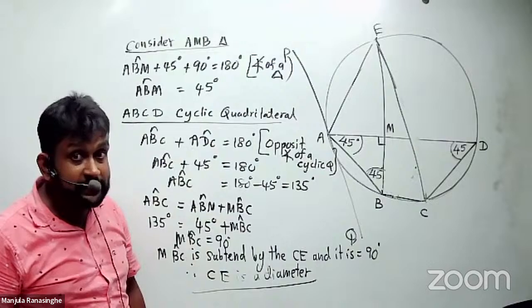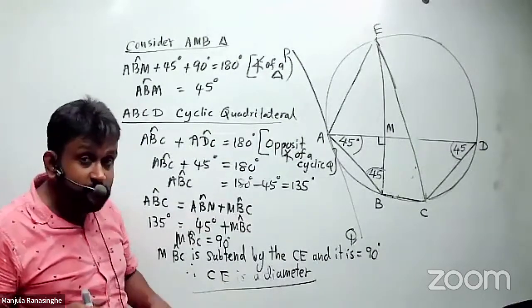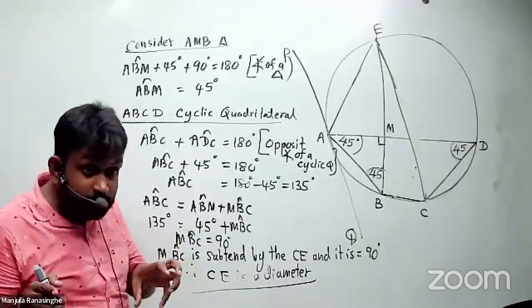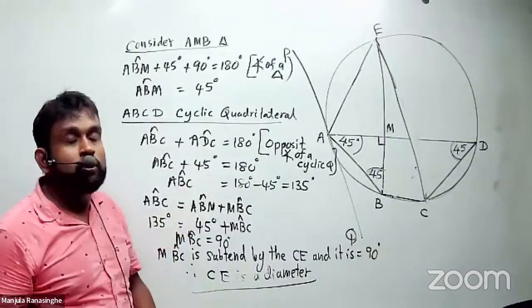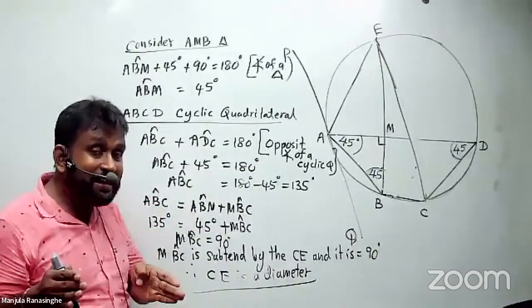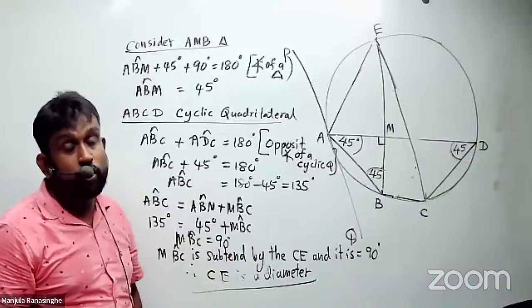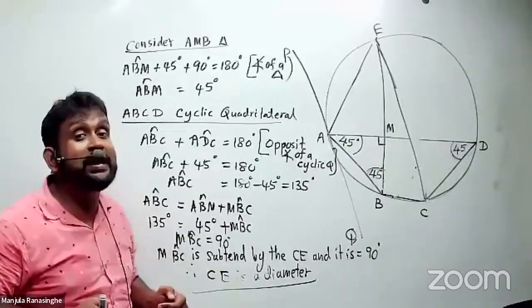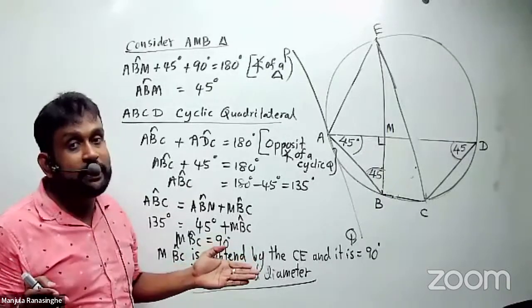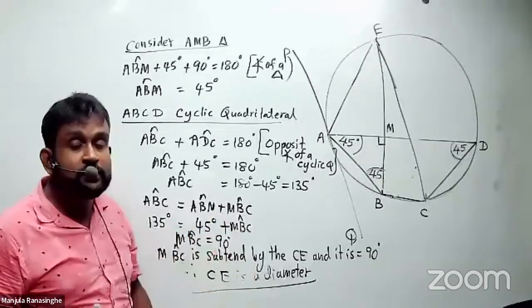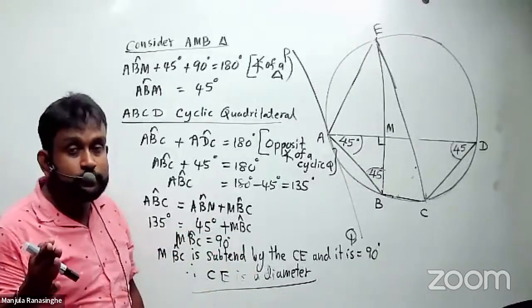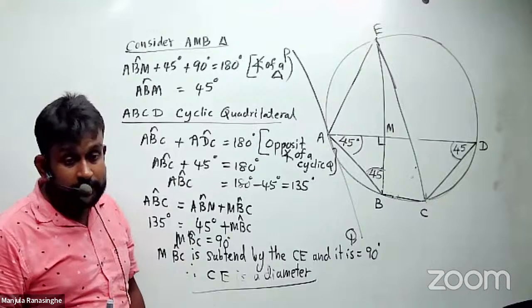Take two alternate angles and make them equal, right? If the two alternate angles are equal, they are parallel. Or if two corresponding angles are equal, they are parallel. Or if the sum of two allied angles is 180, they are parallel. So out of these conditions, you can show that those are two parallel lines, right?